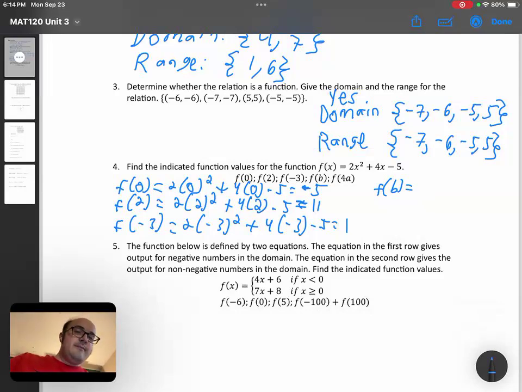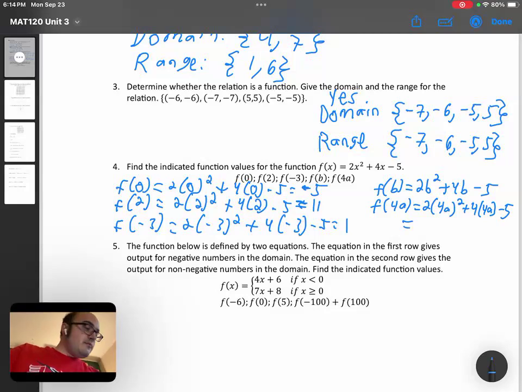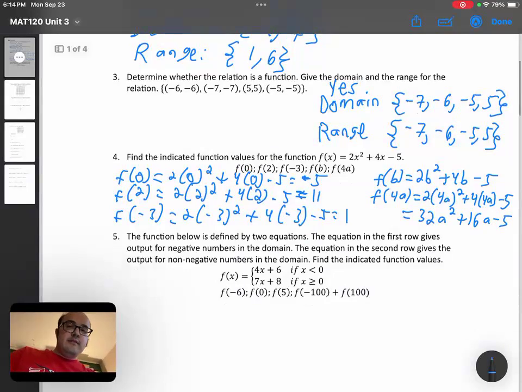Replacing all the x's with b's, so 2b squared plus 4 times b minus 5. And then for f of 4a, 2 times 4a squared plus 4 times 4a minus 5. So multiplying everything and simplifying, this will make 32a squared plus 16a minus 5.